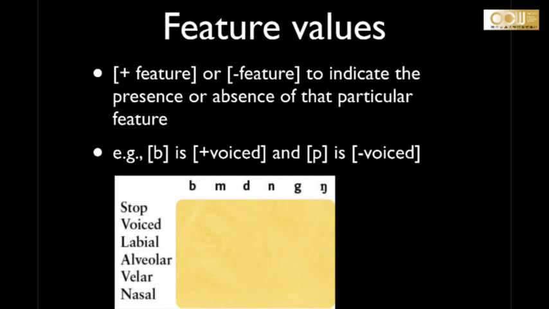Can you find a piece of paper and actually label all this? Is ba a stop? Yes, and then you use plus. Is ma a stop? We talked about the definition of stop: you block the air in your mouth.